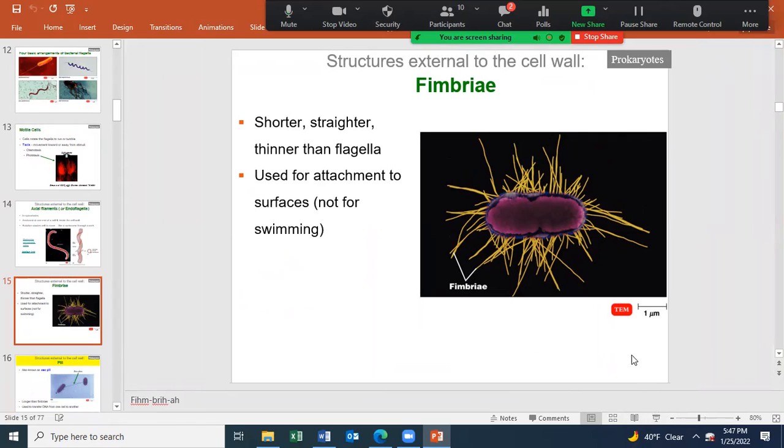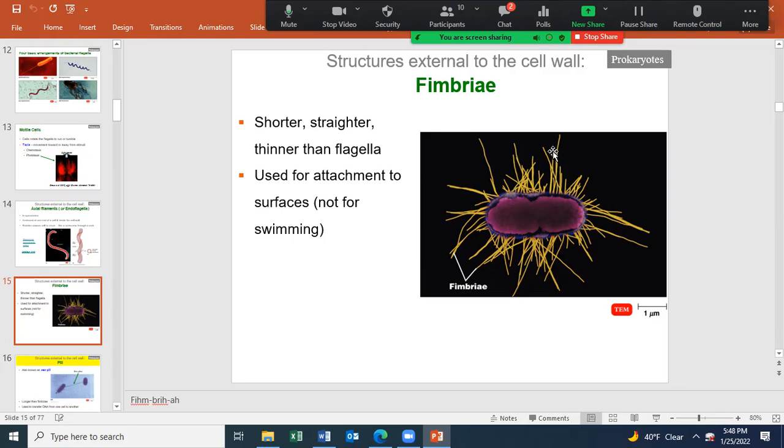Fimbriae are shorter and straighter and thinner than flagella. So if the cell has a few and they're longer, then it's a flagella, if the cell uses that to swim through liquid media.